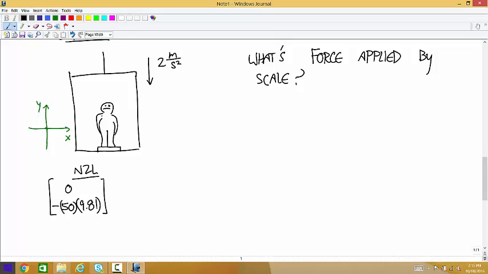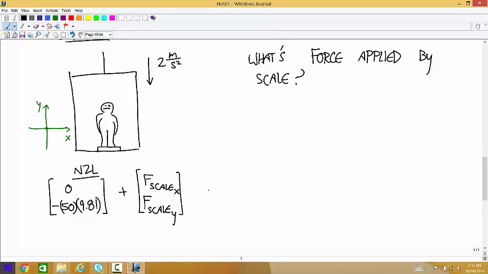And then, so we've dealt with the weight force. Now we have to look for things that are touching our chosen object. And the only thing touching him is the scale. So F scale x and F scale y. Those are the two forces.